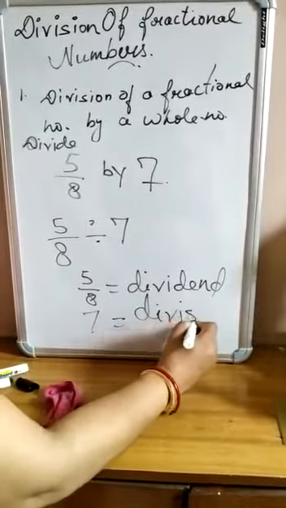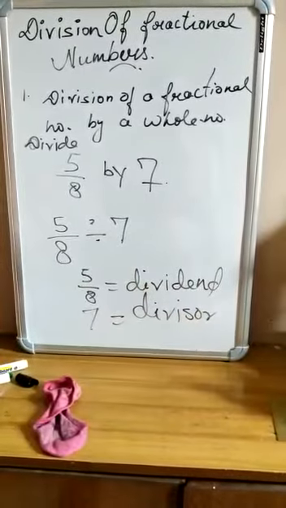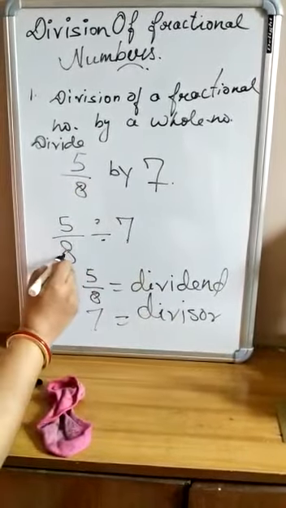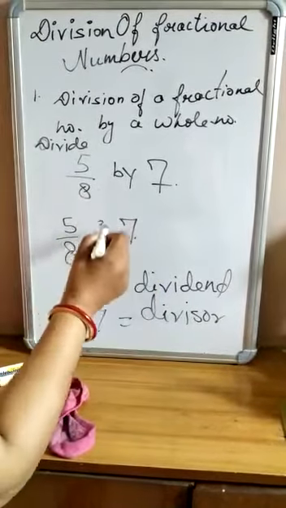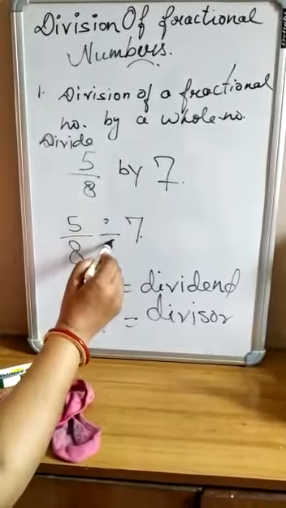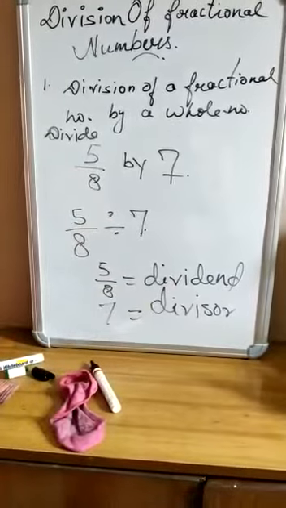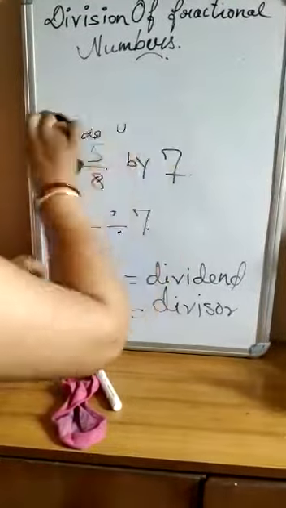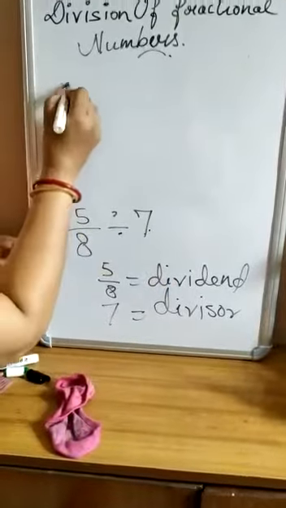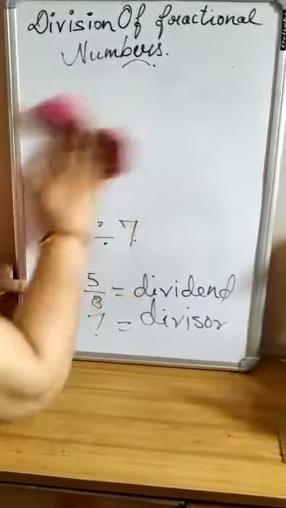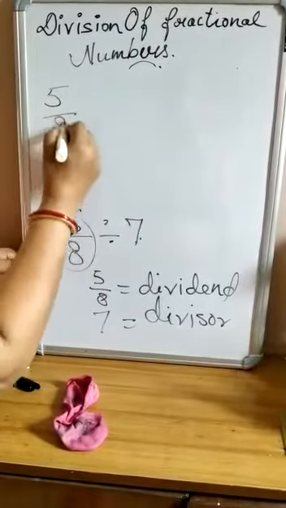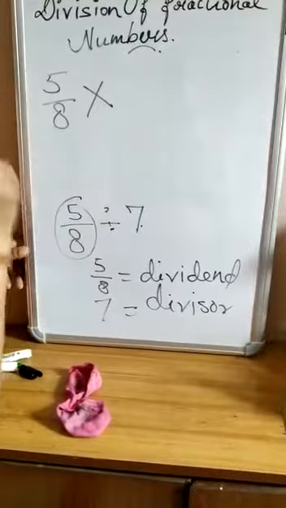Correct? Now, what you have to do in order to divide 5 by 8 by 7. Here 5 by 8 is the dividend and 7 is the divisor. So, when we are dividing, we have to change the sign of division to multiplication. I will write 5 by 8 and change this sign of division to multiplication.